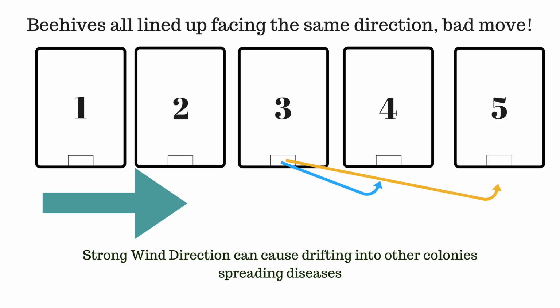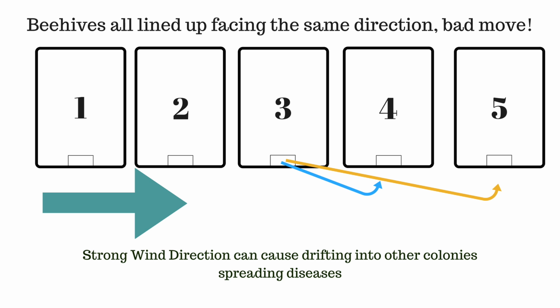If, for instance, for those of you that are brand new to beekeeping, you were to line your beehives up all facing the same direction in a straight line, let's say you've got 5 hives, all numbered 1, 2, 3, 4, 5, and it's a windy day and the bees are out flying.